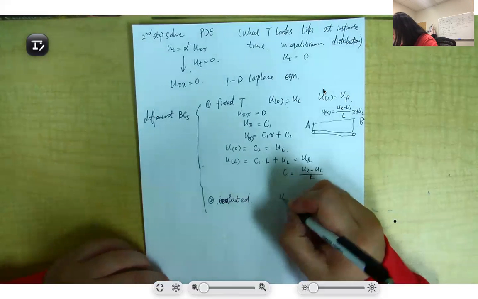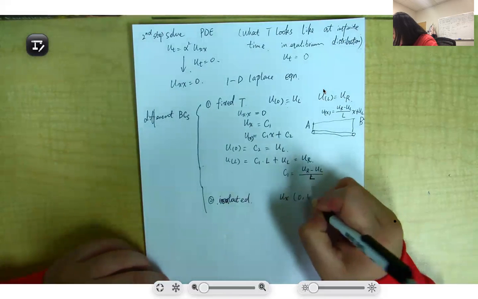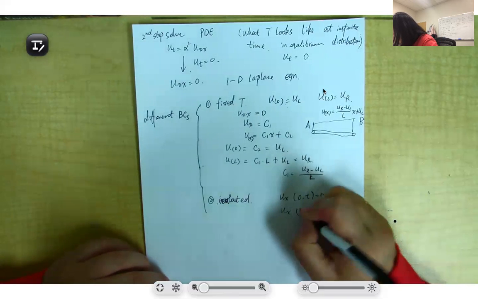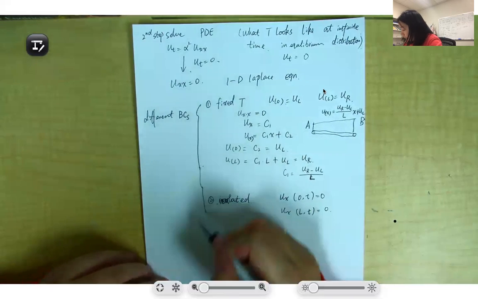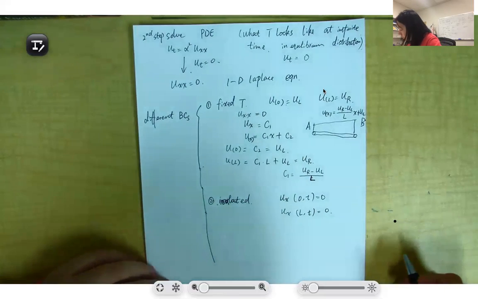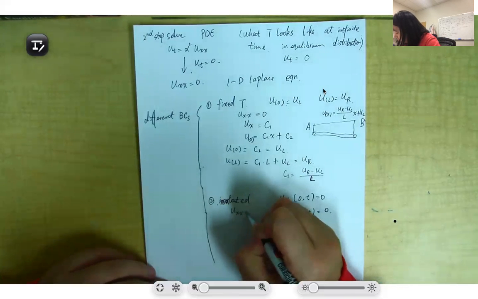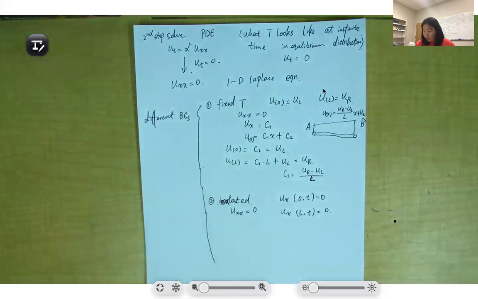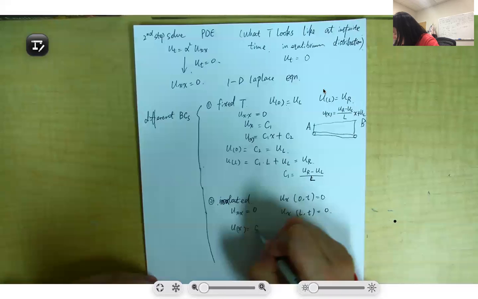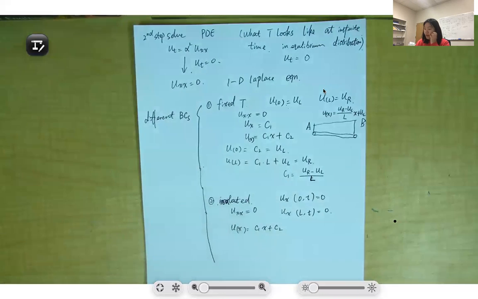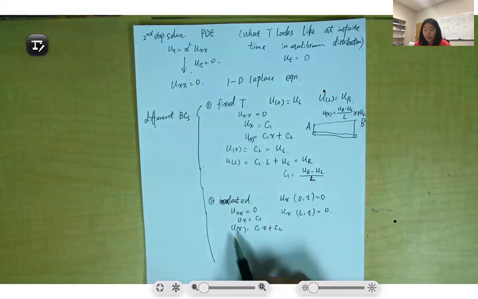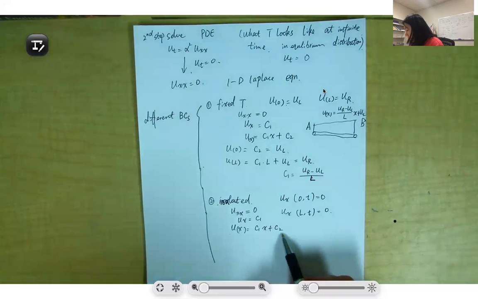So my Ux at 0 at all times equals 0, and Ux at the end of the rod, L, equals 0. That is our insulated boundary condition. Then we have Uxx equals 0, that is our partial differential equation. We should get the same equation: Ux equals C1, then U as a function of x should be C1x plus C2.